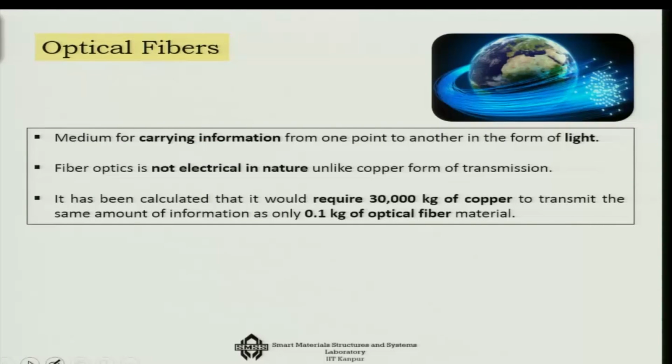In today's world, the biggest revolution that has taken place is that, compared to the early part of the 20th century, when information used to be carried in the form of electrical signals, today in most places the information is carried in the form of light, which is a very big advantage, because the speed of light is several orders of magnitude higher than the speed of the electron through conductive wires, considering the losses, everything.